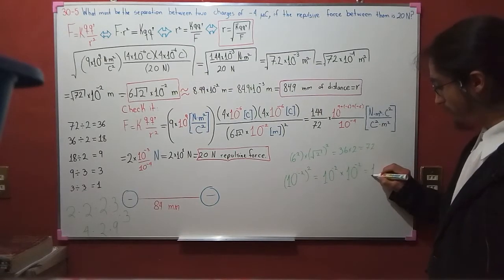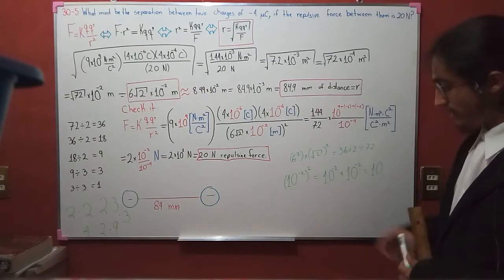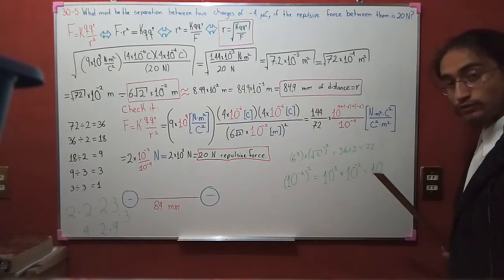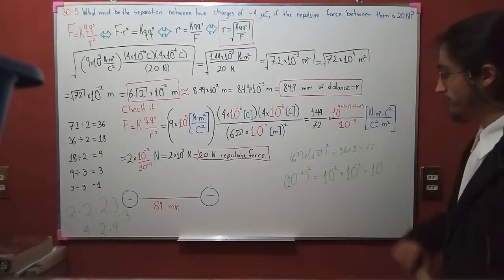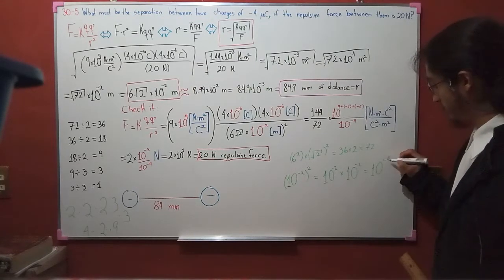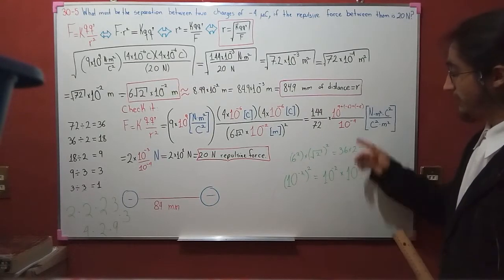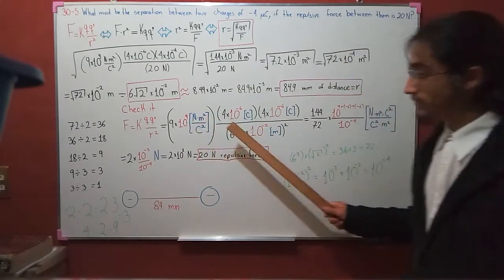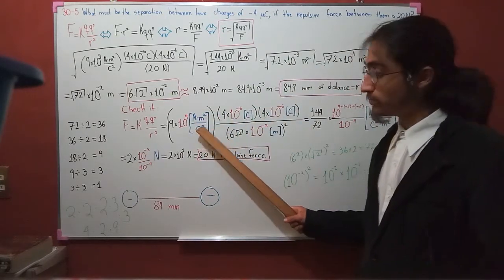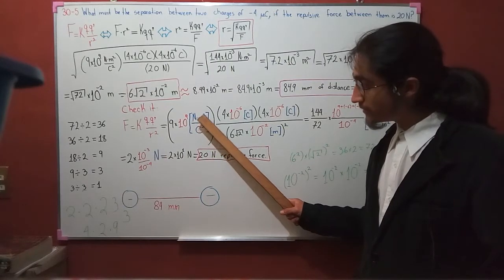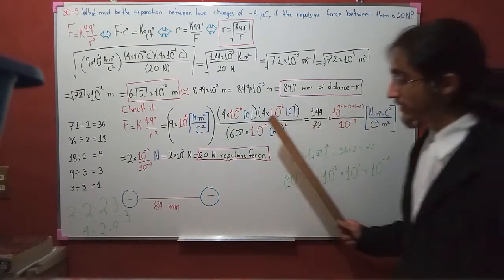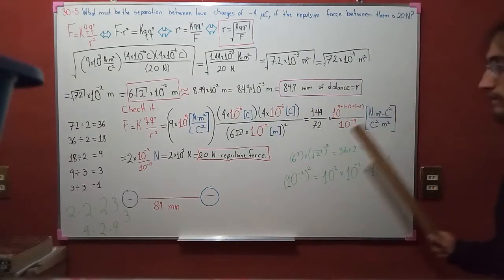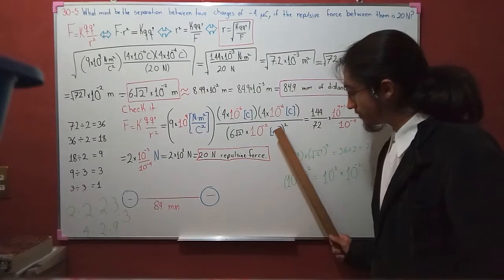It's equal to 10 raised to the power of negative 2 plus negative 2 equal negative 4. Like it appears here. So, Newton, now we have to multiply the units of blue. Newton meter squared multiplying Coulomb by Coulomb squared divided by Coulomb squared meter squared.